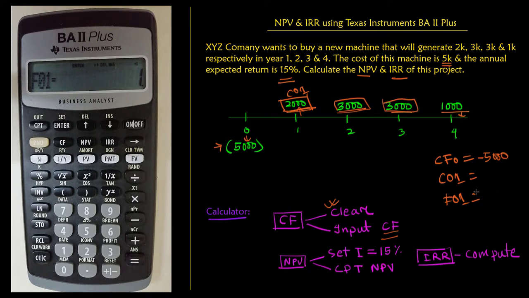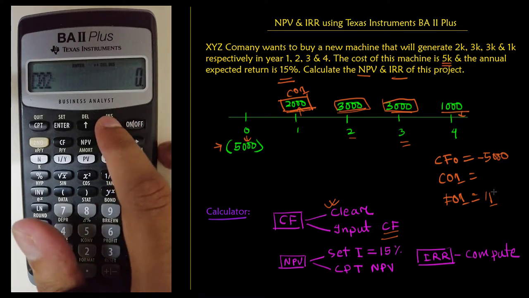You can use this button to directly set the values of year 2 and year 3 to 3,000, but I actually never use this one. I pretty much always keep this to 1, and I separately give the inputs for each year's cash flow, and I will do the same here.